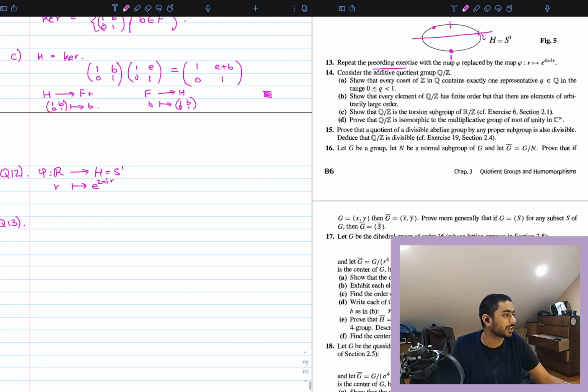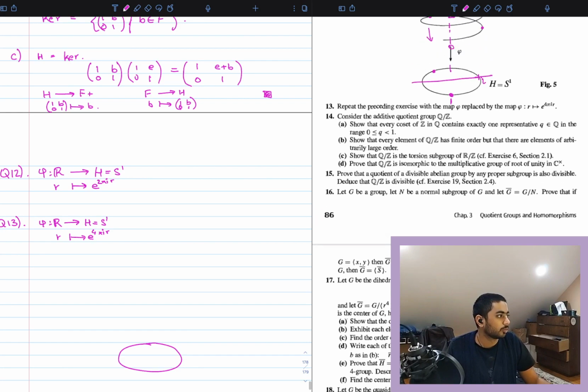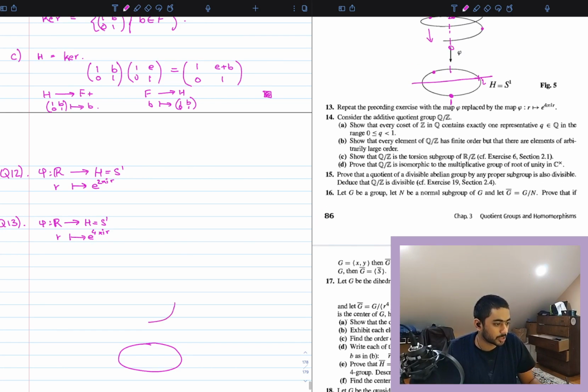Okay, repeat the preceding exercise with the map phi replaced by the map that goes at twice the speed, essentially. So this time, phi is a map from R to H, being the circle group, that sends the point R to e to the 4 pi i R. If we draw this picture again, where this is our circle, once again our real numbers are spiraling above.